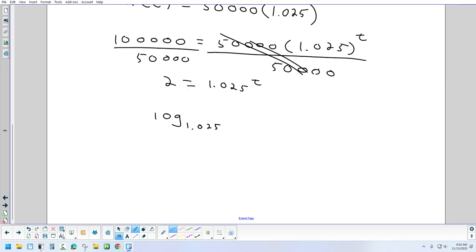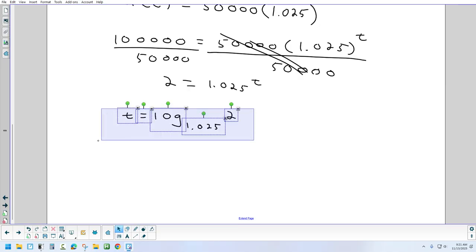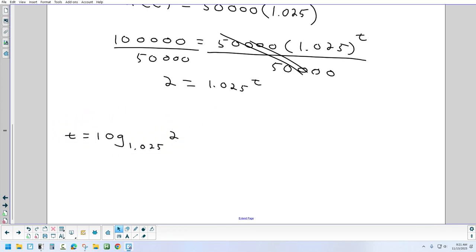So there's my base. What's the logarithm going to equal? T. Logarithm always equals the exponent. And what's going to be the argument to my log? 2. So we have an answer for t. The problem is we don't know how to type that in.